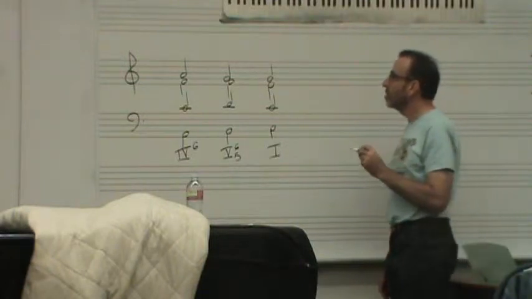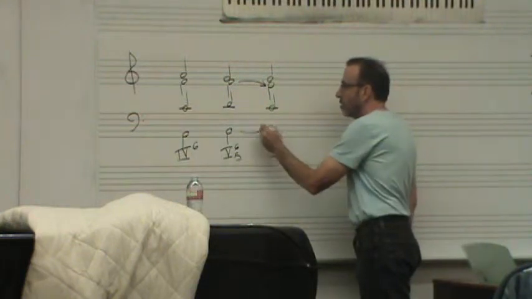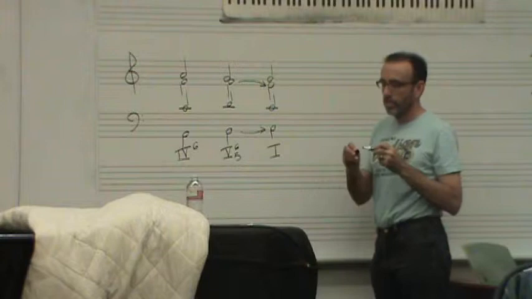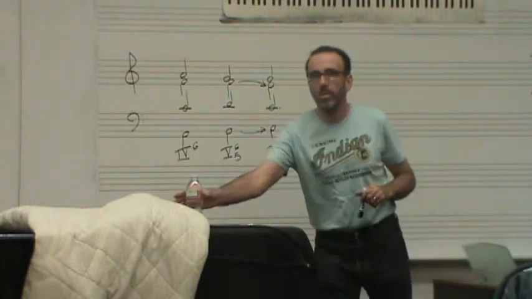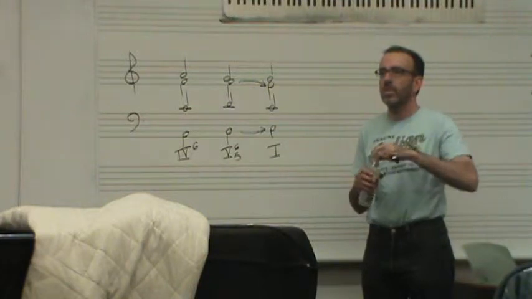So again, the principle: 7th resolves down by step. Leading tone resolves up to tonic. And most of the time when your 5/7 is inversion, you won't even have to worry about doing things like omitting the 5th or frustrating the leading tone or things like that.